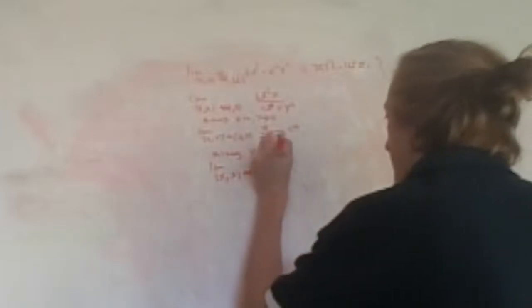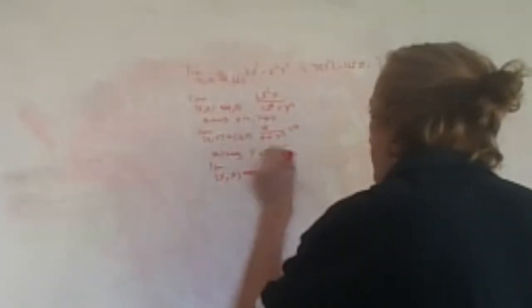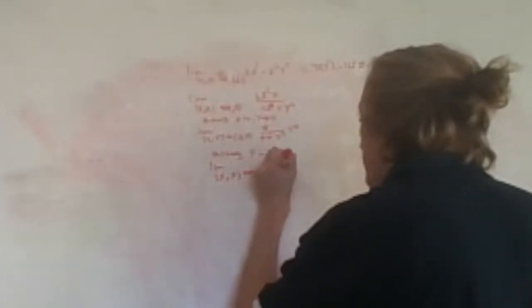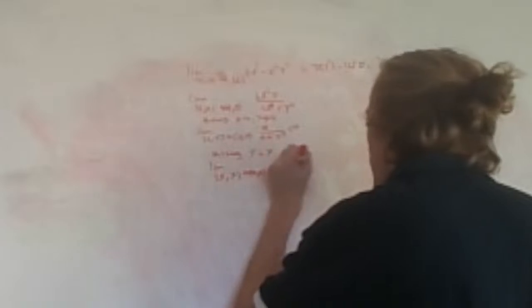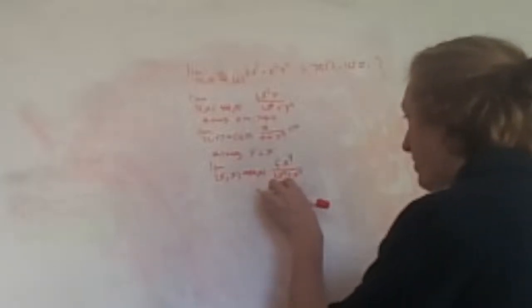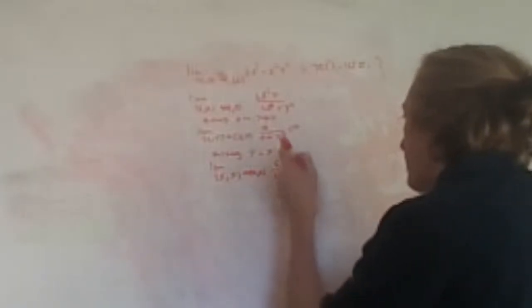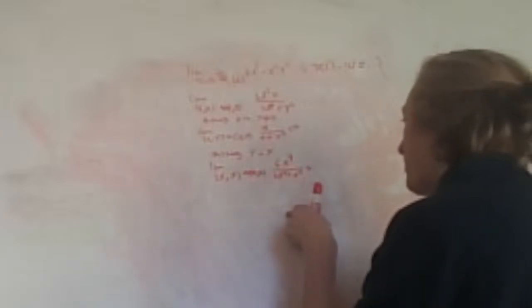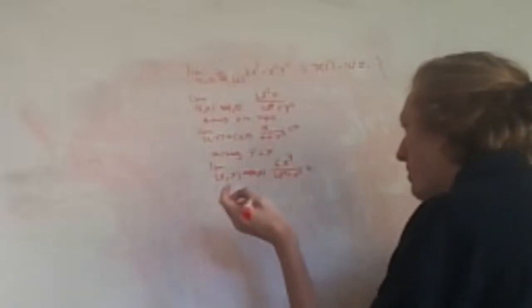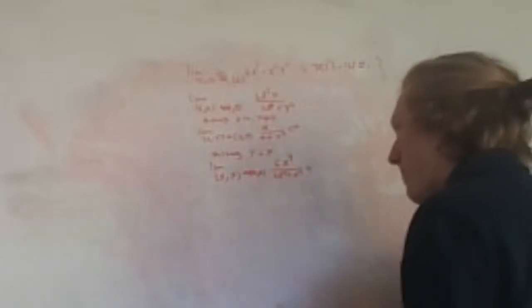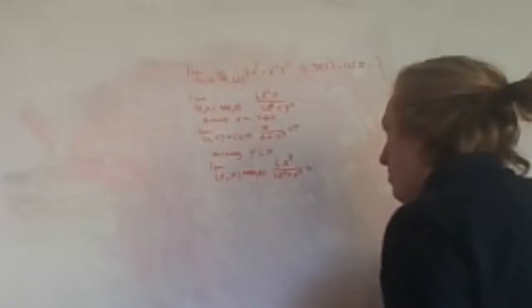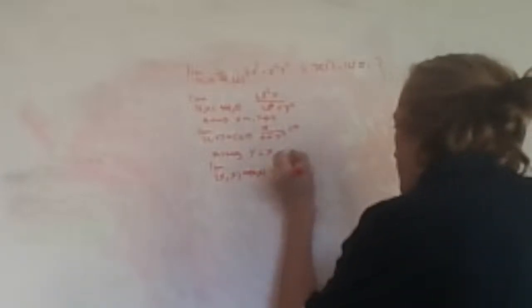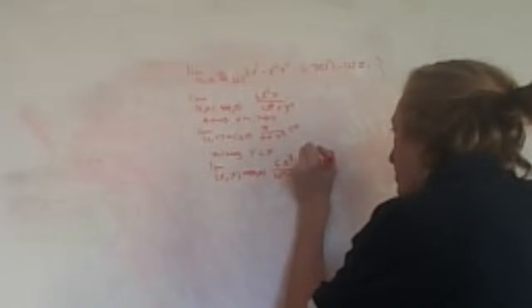So this is going to be 6x to the fourth over 2x to the fourth plus x to the fourth. Adding these two together is 3x to the fourth. The x to the fourth cancels because limits. So this ends up being 6 over 3, which is 2.